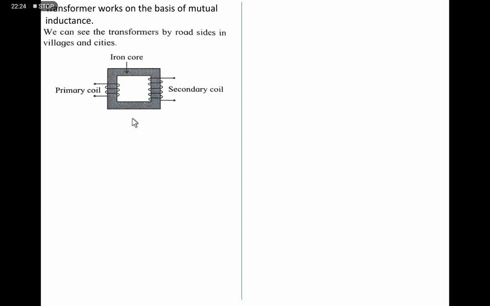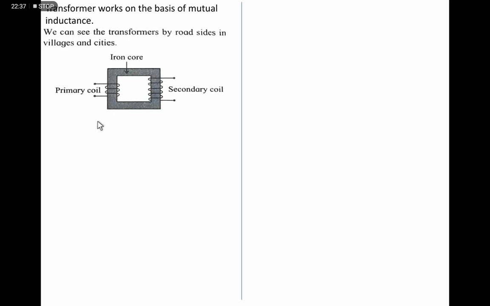A transformer works on the basis of mutual inductance, which we just studied. The EMF is induced in the secondary due to the change in current in the primary. A transformer is like this: an iron core, with the primary coil and secondary coil wound on it.